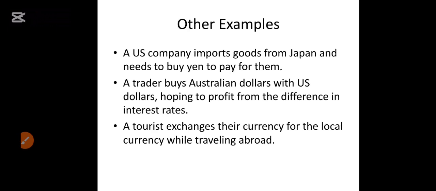Other examples: a US company imports goods from Japan and needs to buy yen to pay for them. A trader buys Australian dollars with USD, hoping to profit from the difference in the interest rate. A tourist exchanges their currency for the local currency while traveling.